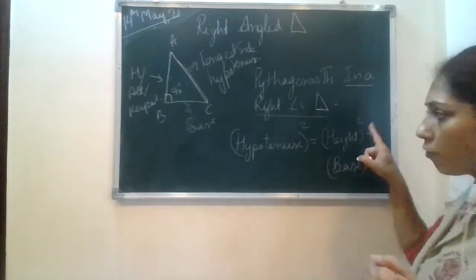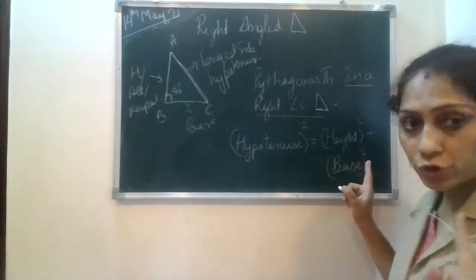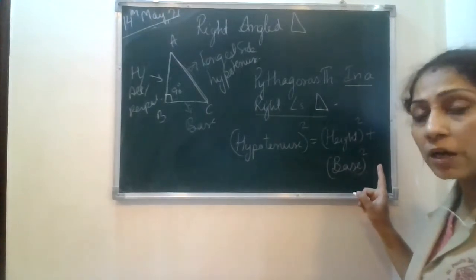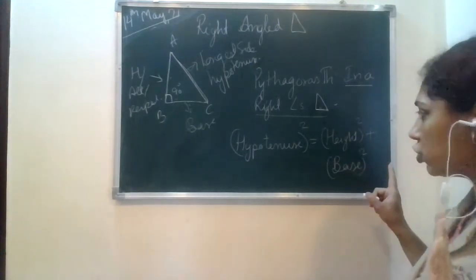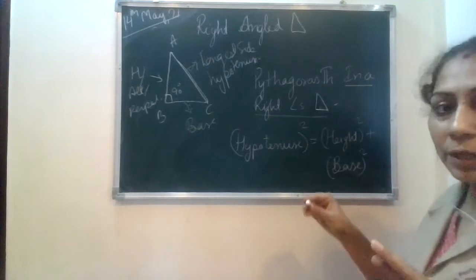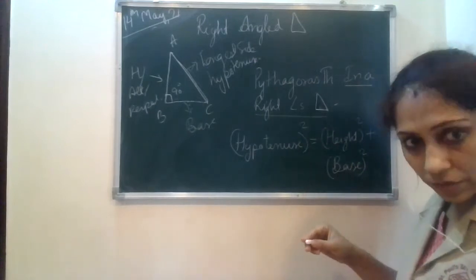Base square: powers and exponents is one of the chapters you're going to do in your class 7, for which I think the video is not yet made because you're coming from class 6. We will teach you, but square means multiplying by itself twice, right?